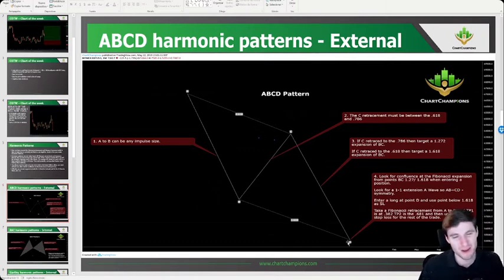I would follow the textbook more on this ABCD pattern, because unless you get strong confluences at a C retrace, you might not always take this trade, but you'd look for the longs after this.